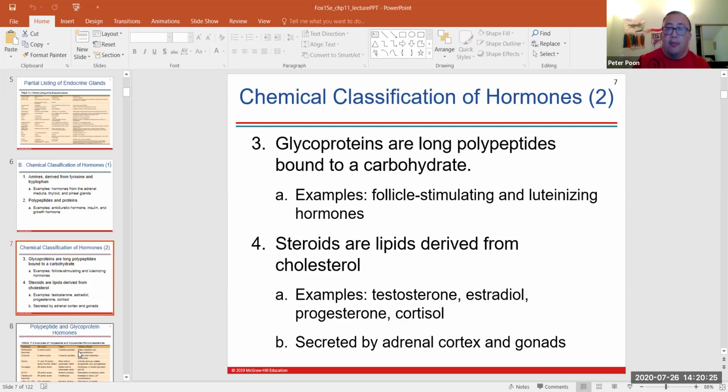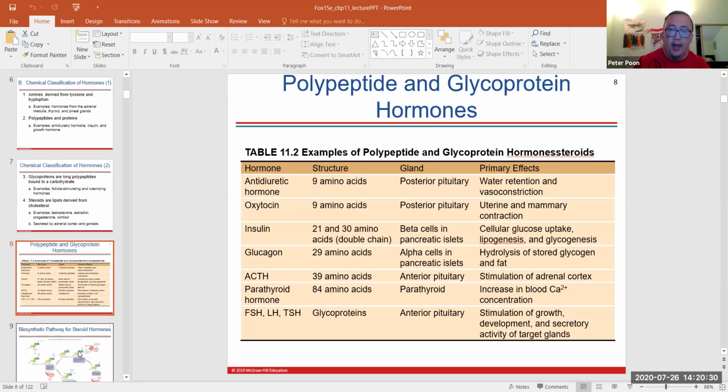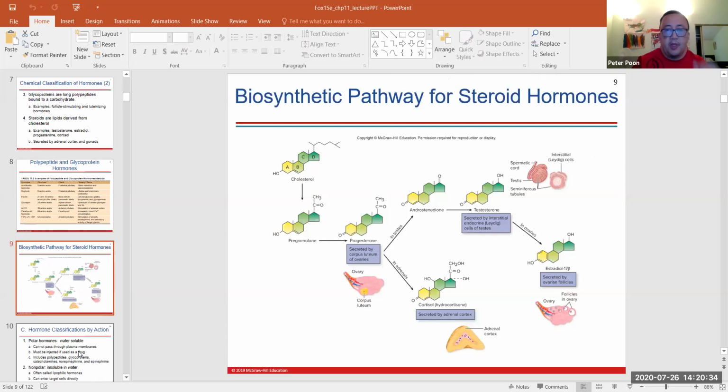This is fundamentally very different, and we'll go over why. So the biosynthetic pathway for steroids: basically, you make everything from cholesterol.